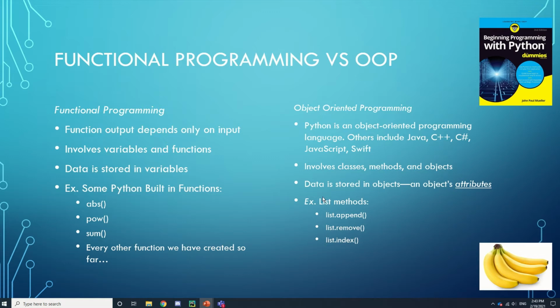So if you joined in during the weekly coding sessions that we had before in the fall, you'll remember we learned about lists. And a list is an object, right? So it's built into Python already. But a list is an object if you want to think about it like that. And lists have methods, right?